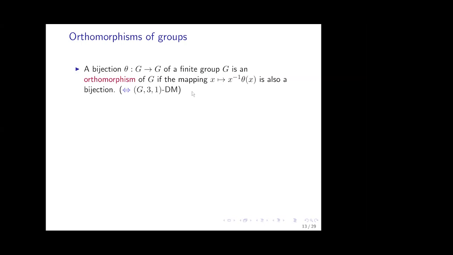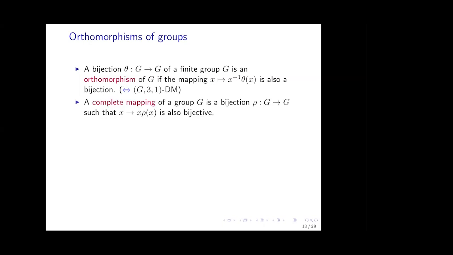And when we count the differences between the third row and the second row, we need to count theta x minus x. And according to the definition, the mapping theta x minus x is also a bijection. So that's why this concept of orthomorphisms of G is equivalent to the existence of a G,3,1 difference matrix. They are equivalent.